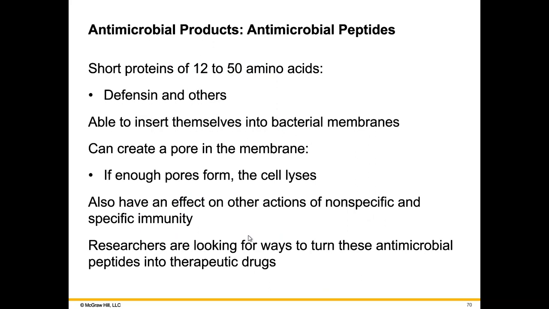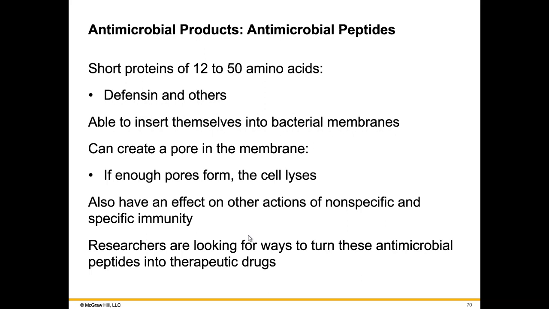Alright, furthermore, there are other antimicrobial peptides. Peptides are short proteins, typically about 15 to 20, up towards 50 amino acids, that are going to have some kind of antimicrobial property. One group of them is called defensins, which is kind of nice because it has the word defense in there.